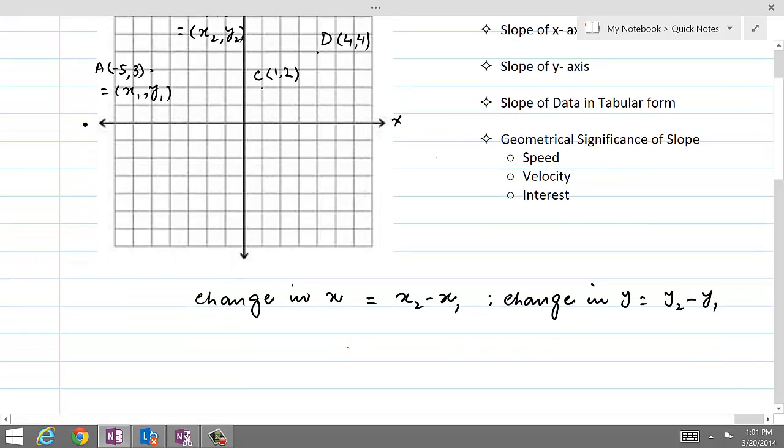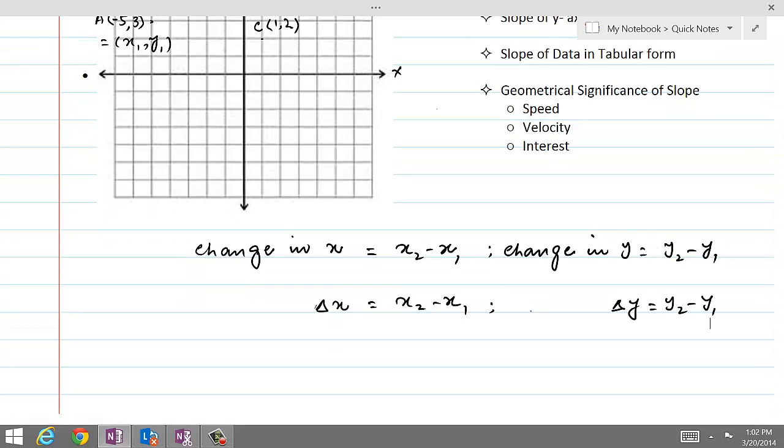Change in x is mostly denoted by delta x, which is equal to x2 minus x1, and change in y is similarly denoted by delta y, which is equal to y2 minus y1.